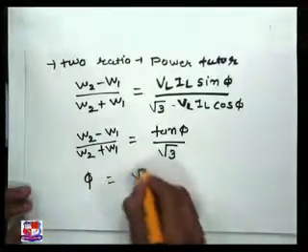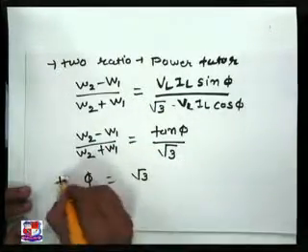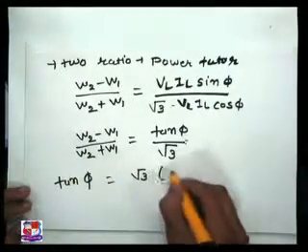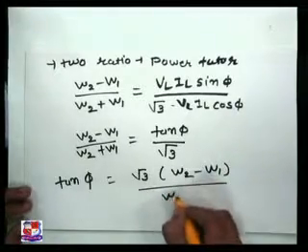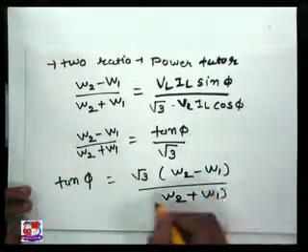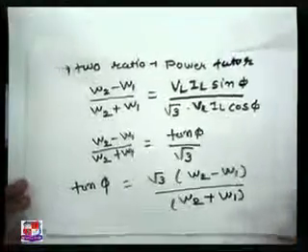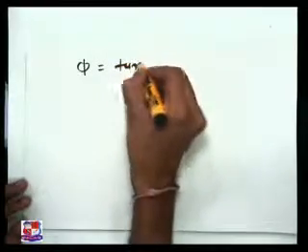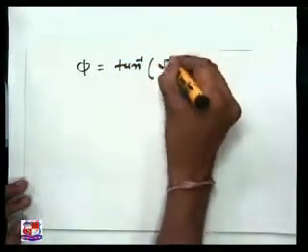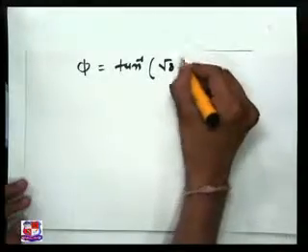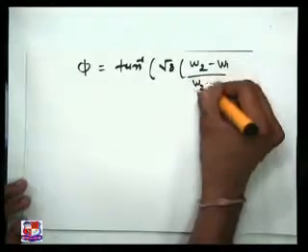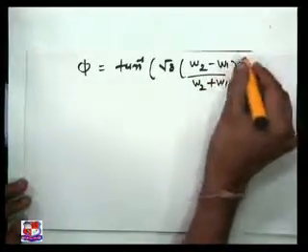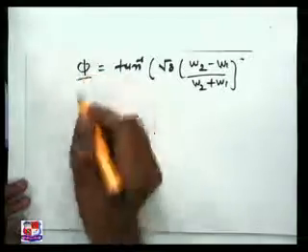So root 3 tan φ is equal to root 3 into W2 minus W1 upon W2 plus W1. Okay, so φ will be defined as tan inverse of root 3 into W2 minus W1 upon W2 plus W1. Okay, this is our angle φ.